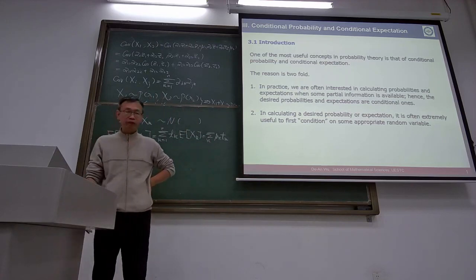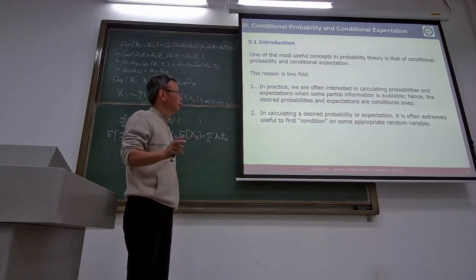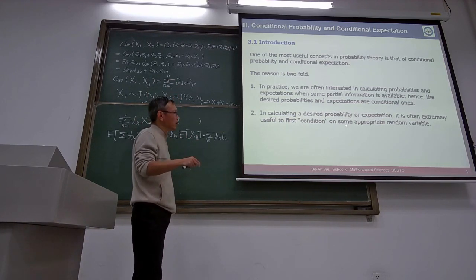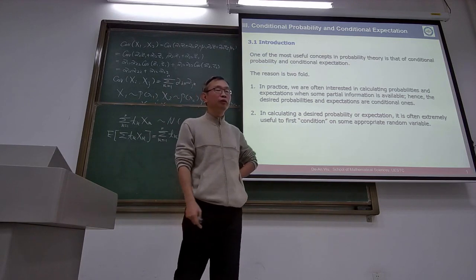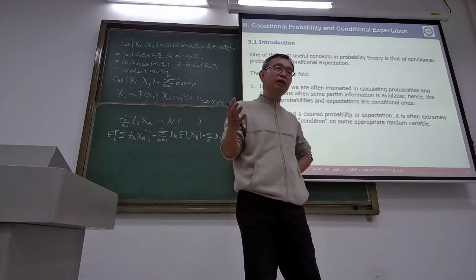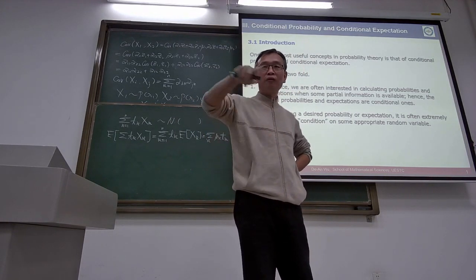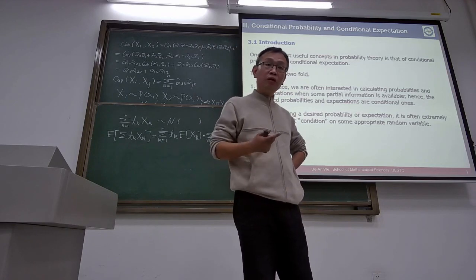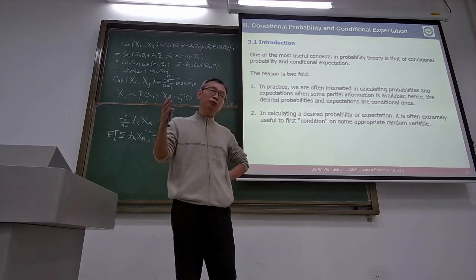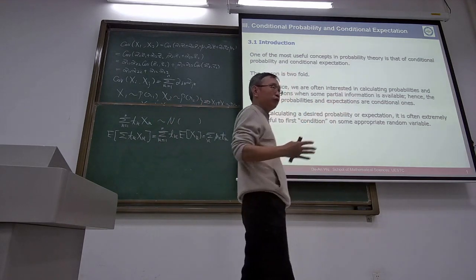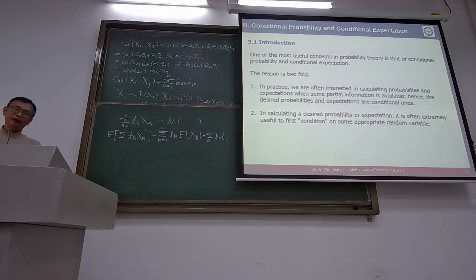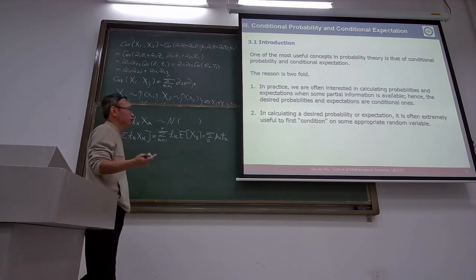So, we often first condition on some appropriate random variable, namely just integrate the partial information into our total information. Okay, in the following, I will give a definition and show you an example of how to use the idea of conditioning to find the probability or expectation. Actually very powerful and very useful.